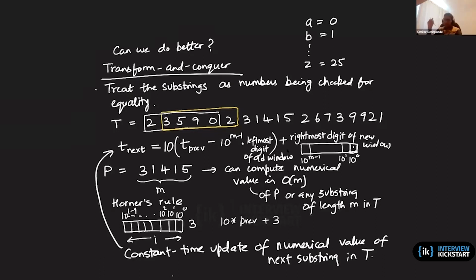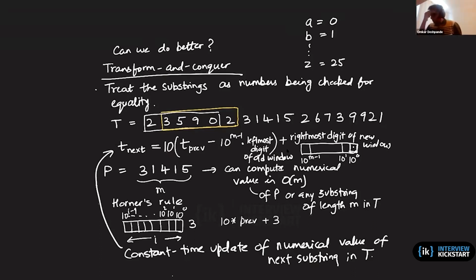So whenever we see a character, we just have to convert it into its corresponding digit value. And then in this formula, wherever we have a 10, we can replace it by 26. And that would give us the corresponding numerical value.